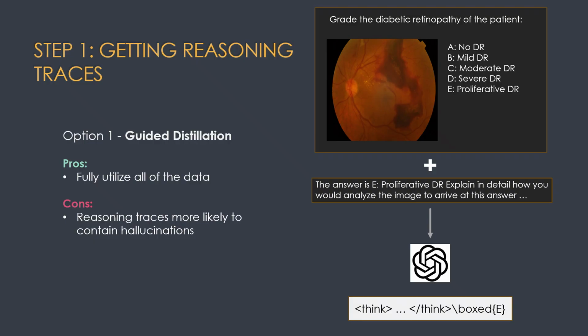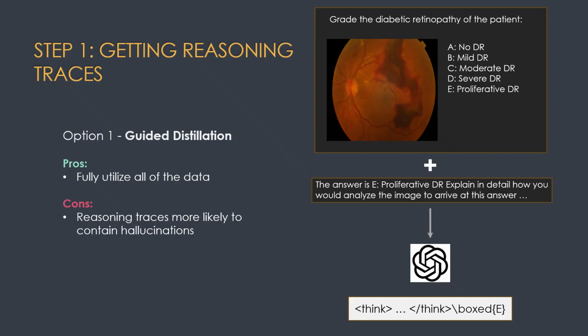So choosing SFT raises some immediate questions. The first is, where do the reasoning traces actually come from? We don't have a database of doctors writing out medical reasoning, and it's very expensive to get them to do that, so we need to generate them somehow. One option is to use guided distillation.